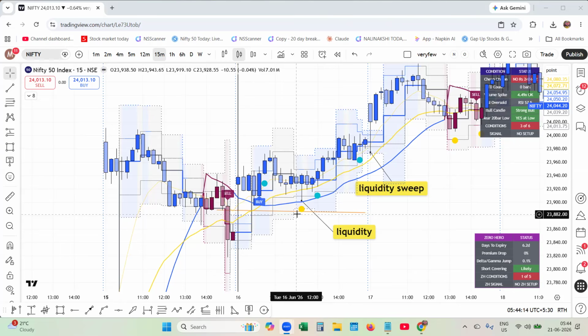Let us begin with how market profile and auction market theory are incorporated into the Nalini Precision Engine. Market profile teaches that market moves from one value to another value. So you must be knowing about the market profile. In market profile, you will see point of control, value areas.